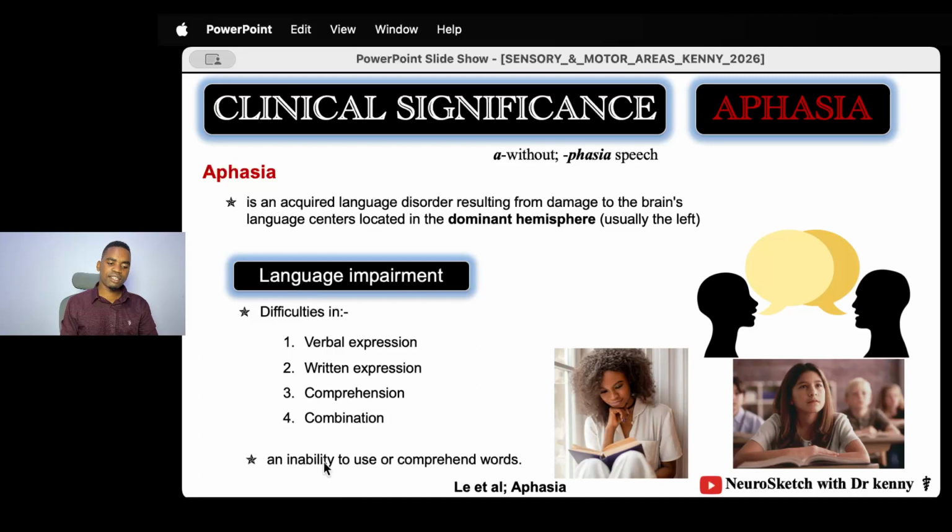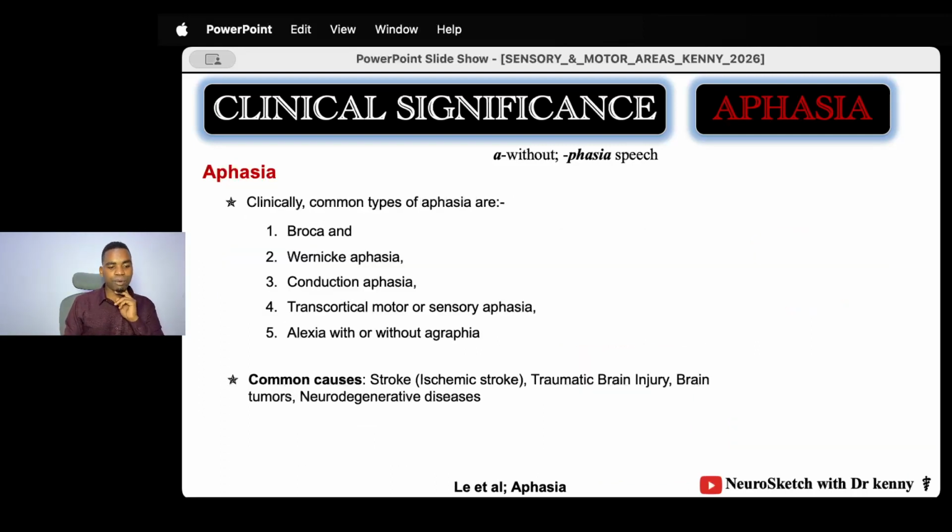In Broca's aphasia the person is struggling to form words, to use words, and in Wernicke's aphasia, on the other hand, the person is struggling to understand both written and spoken language. So these are the clinical types of aphasia: Broca's aphasia, Wernicke's aphasia, conduction aphasia, transcortical motor or sensory aphasia, and alexia with or without agraphia.